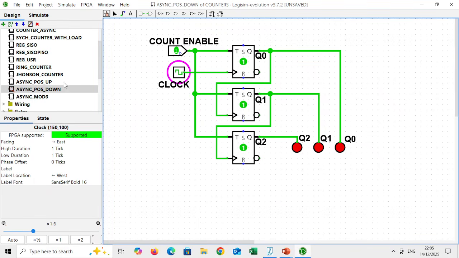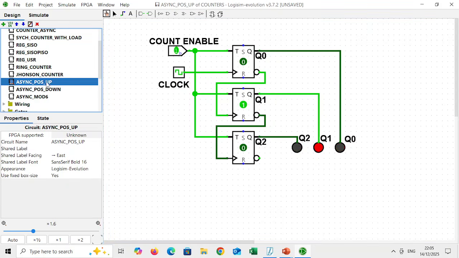For an up counter, instead of using normal outputs, complementary outputs are used to drive the clock of the next flip-flop. See, instead of Q0, we have used Q0 bar. Q0 bar is connected here. So Q1 bar is connected here. Let's observe the outputs now. We'll give the clock pulses.